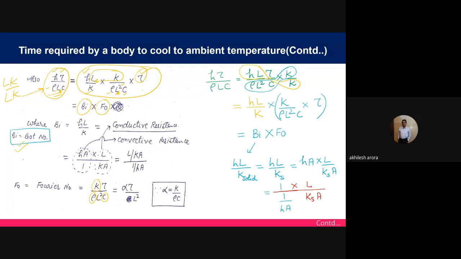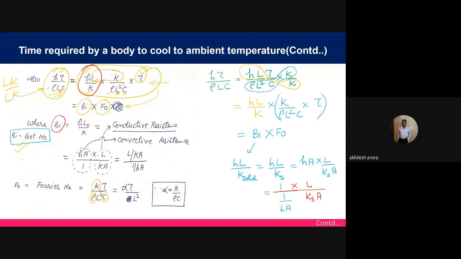So basically this whole term is equal to Biot number into Fourier number. So what is Biot number and what is Fourier number? This first term, HLC upon K, is actually known as Biot number.